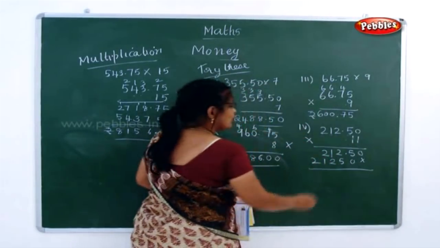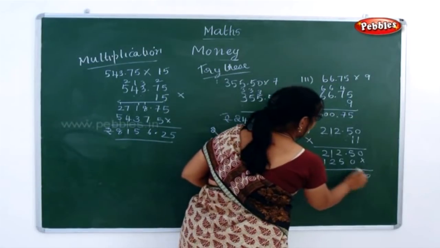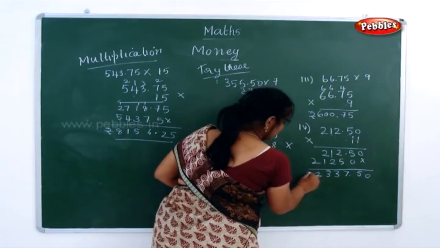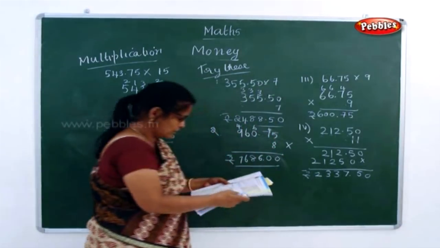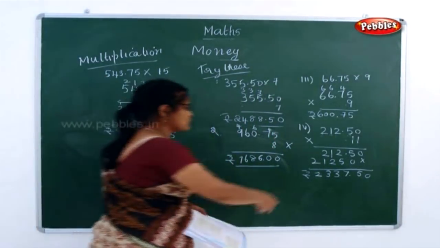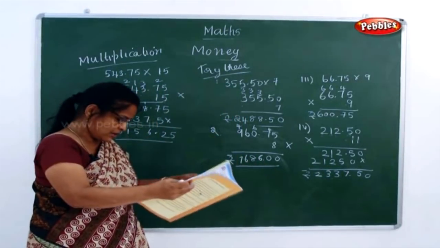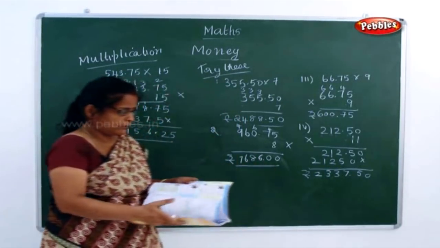So now you have to add. It comes 233750. So rupees 2337.50 paise. So this is how you have to do your multiplication.